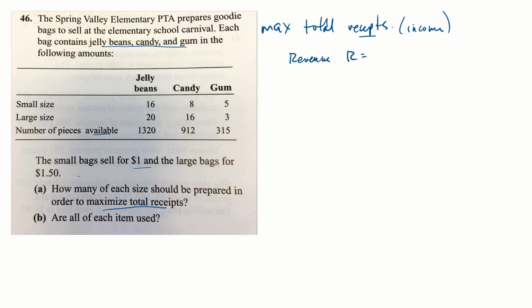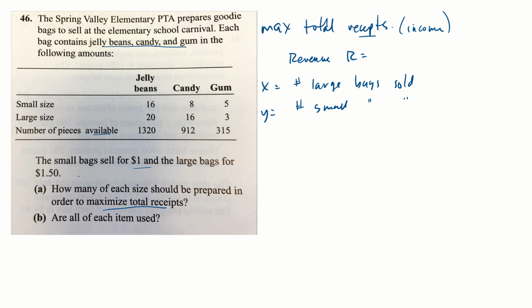Okay, so revenue R would be, oh look, I can't write anything down if I don't have any variables. So let's let L equal the number of large bags sold. Actually, I'm not going to use L because it looks like the number 1. So let's let X equal large bags, Y equals the number of small bags.